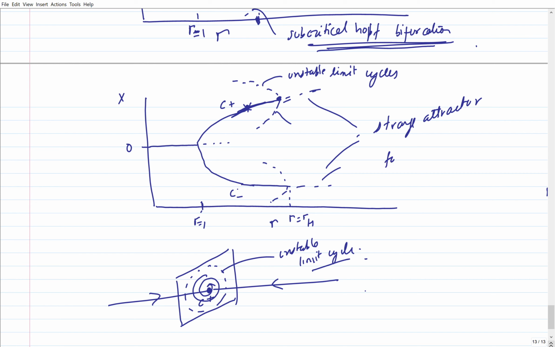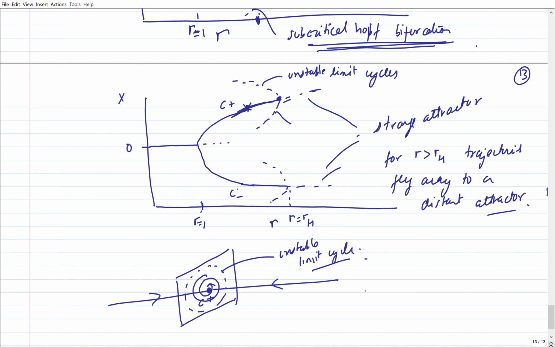So for r greater than rH, trajectories fly away to a distant attractor.